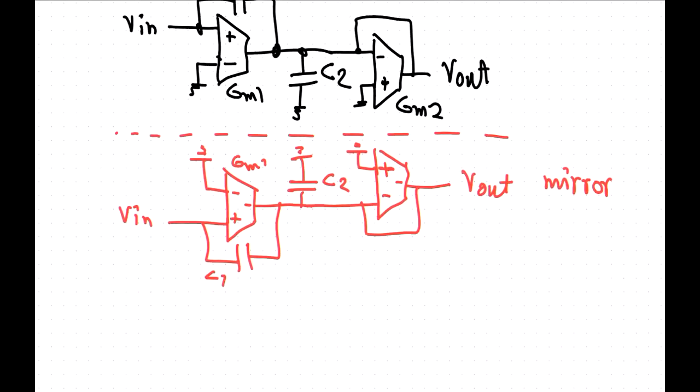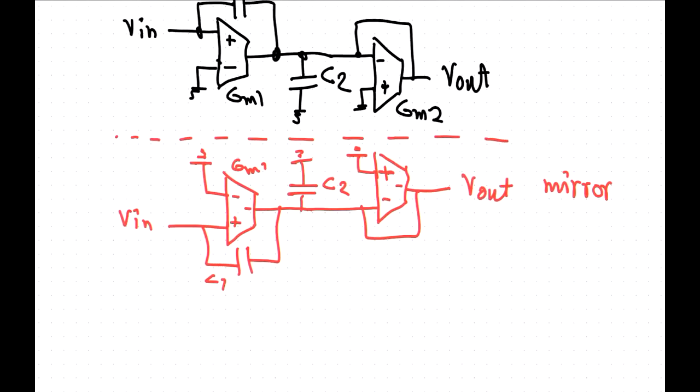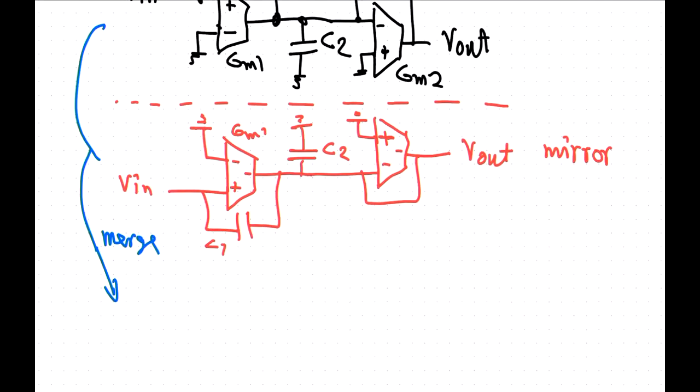So mirror that, and then what you want to do is merge. Okay, so then you will get a system which looks like that. So we can designate this V in minus and V out minus if you like. So now we have a fully differential transconductor here.